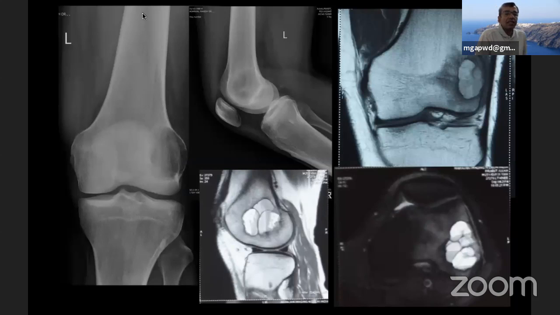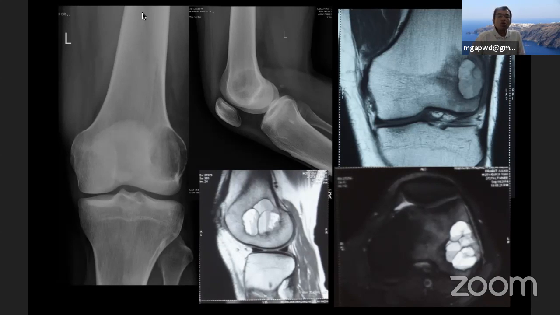Now, why do we insist that we must have a biopsy? Even if the appearance is typical, yes, but what if it looks like something benign? You can see here, each and every radiologist, including the surgeons, thought this is an aneurysmal bone cyst, which you can see here, fluid levels.